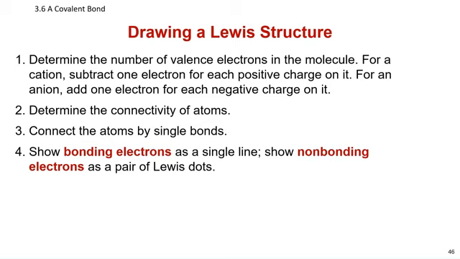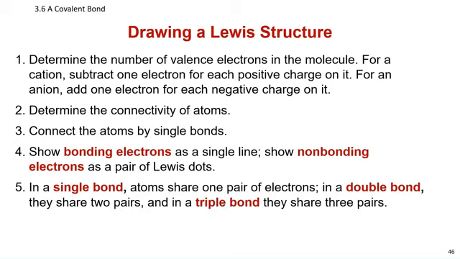For example, water. Sometimes we show the non-bonding electron pair with a dot, or a line that sits on top of it. So these are the ways to draw Lewis structures.